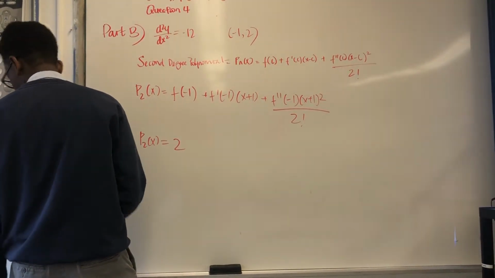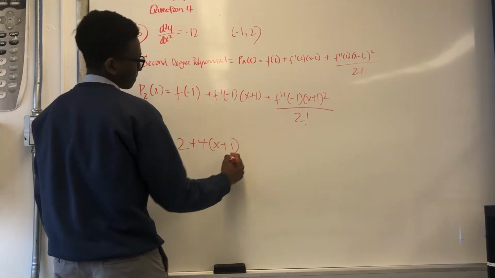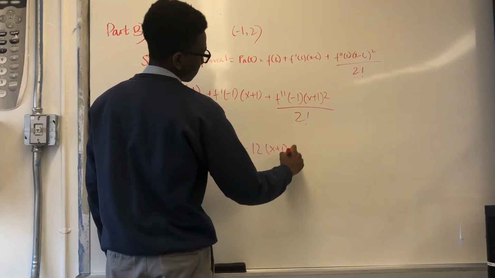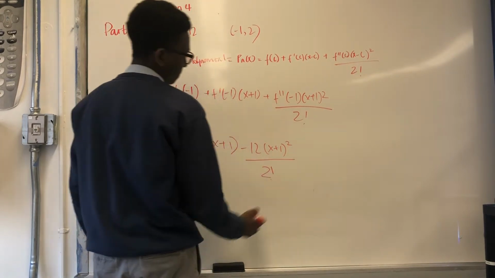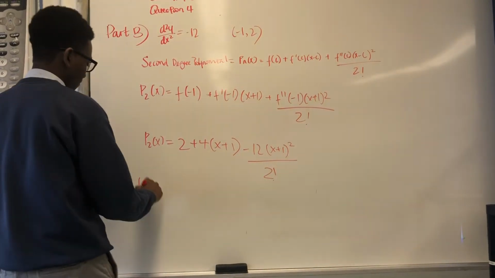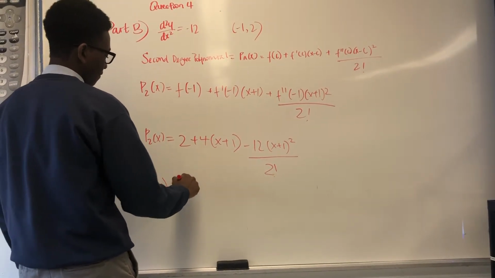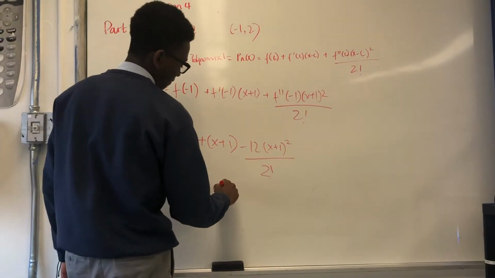So now P2 of x would equal 2, which is from the initial condition, plus 4, which we got from the past question, so it's 4 times x plus 1, minus 12, which is the value they gave us in this problem, times x plus 1 squared over 2 factorial.